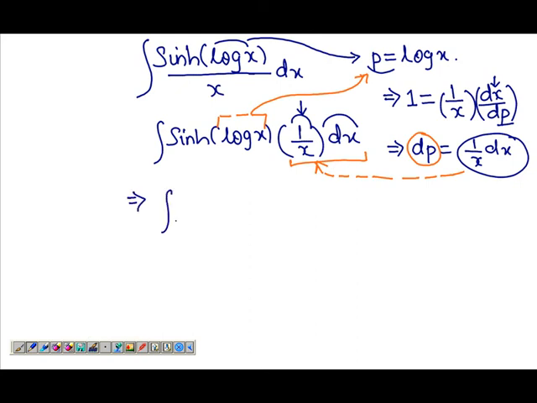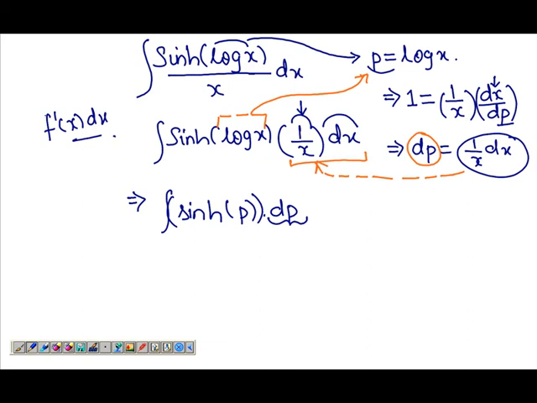I get sine hyperbolic p times dp. This is a notation, but to make it clear I'll use it as a product, because f dash x and dx should be present in the product.